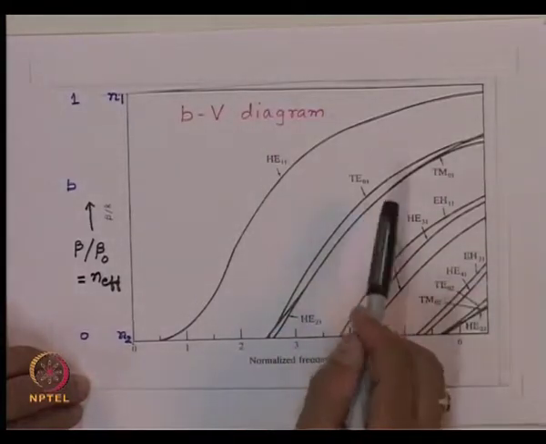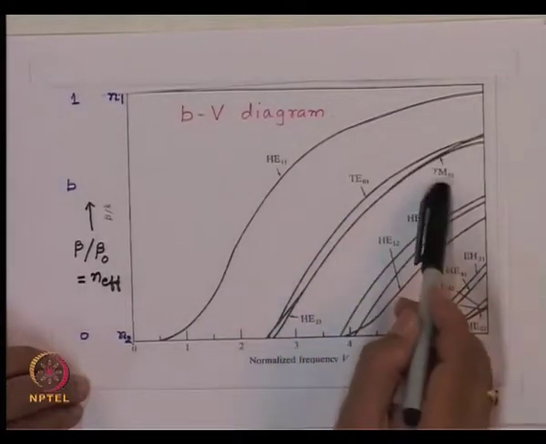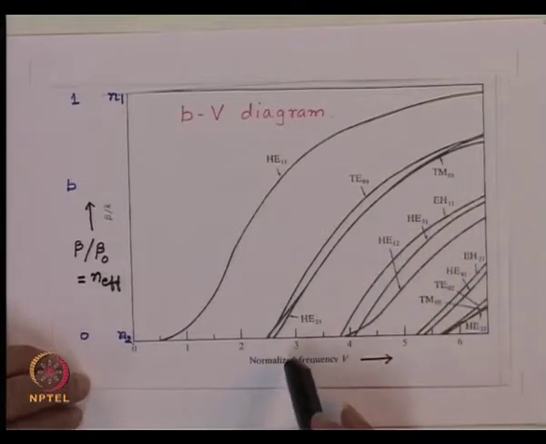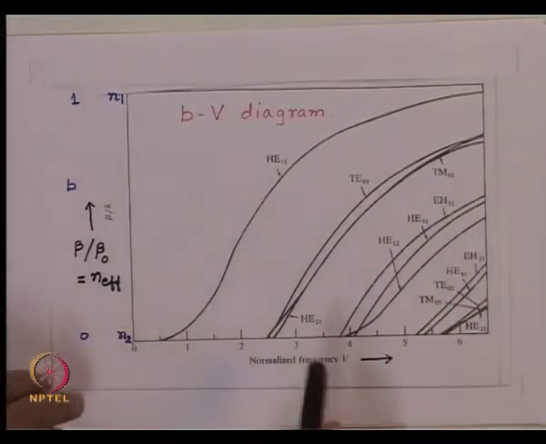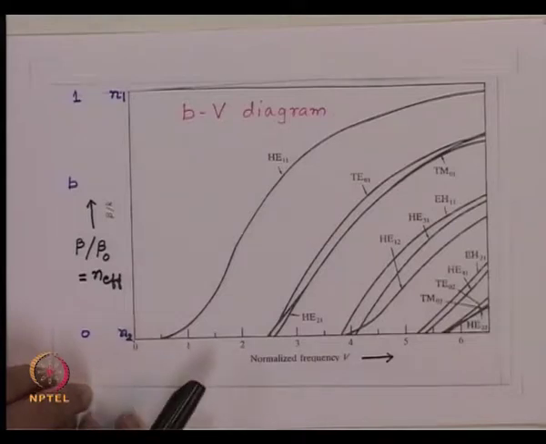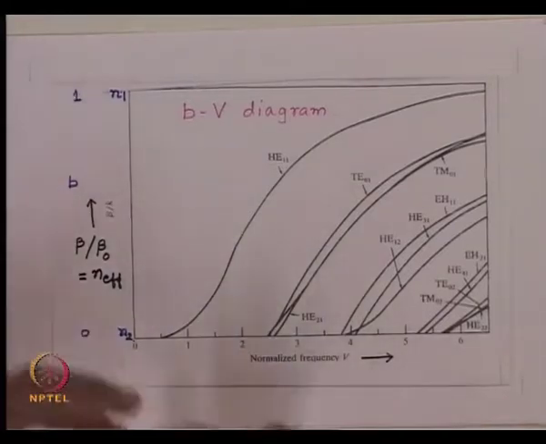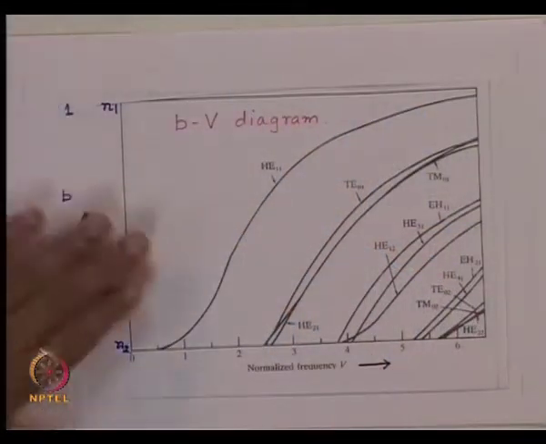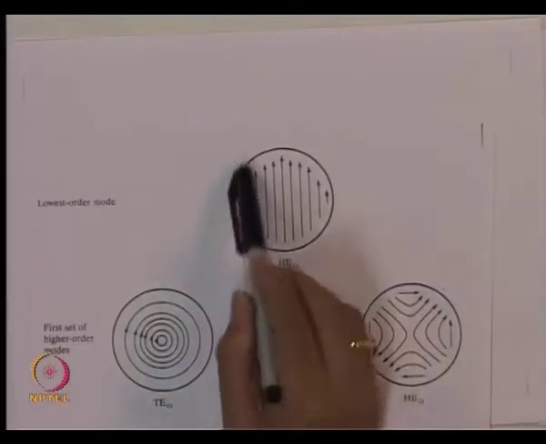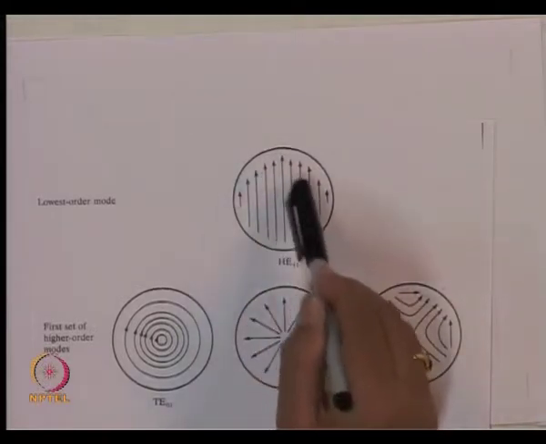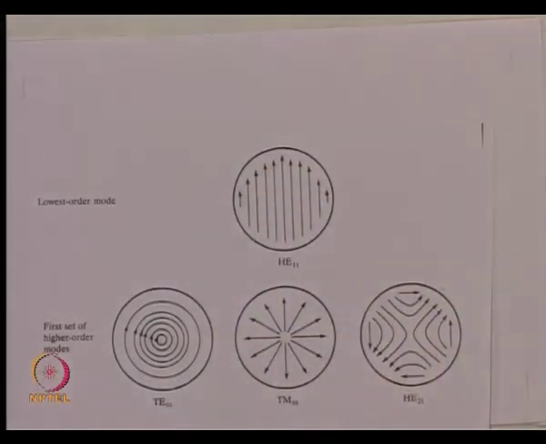So, we will never see individual modes like TE01, TM01 and HE21. You will always see a combination of these three modes, and this combination would generate a field distribution which is linearly polarized. This mode, which is an isolated mode, will be linearly polarized. That was already a linearly polarized mode. As you can see in the field distribution, you have a polarization which is linear everywhere.